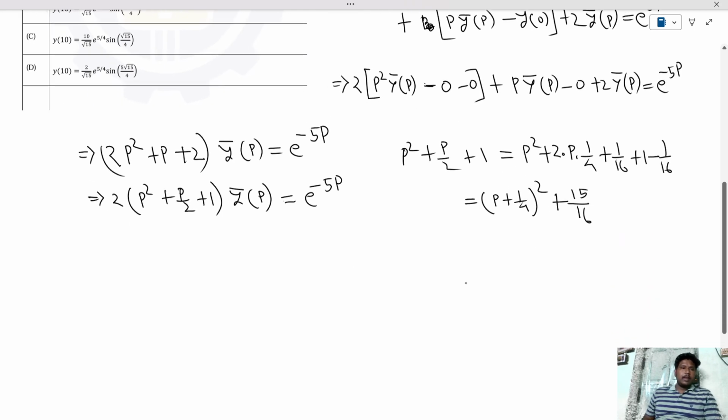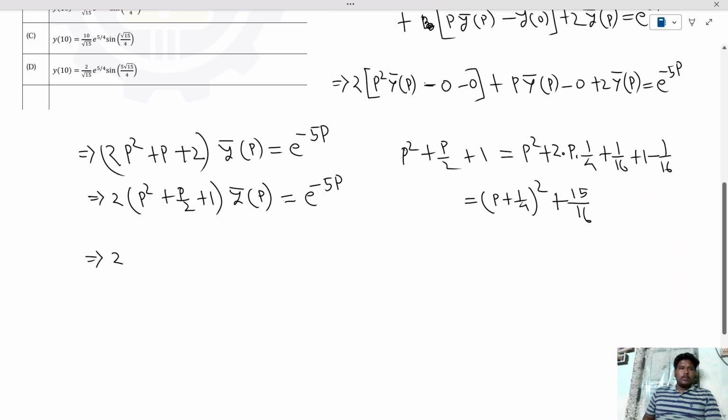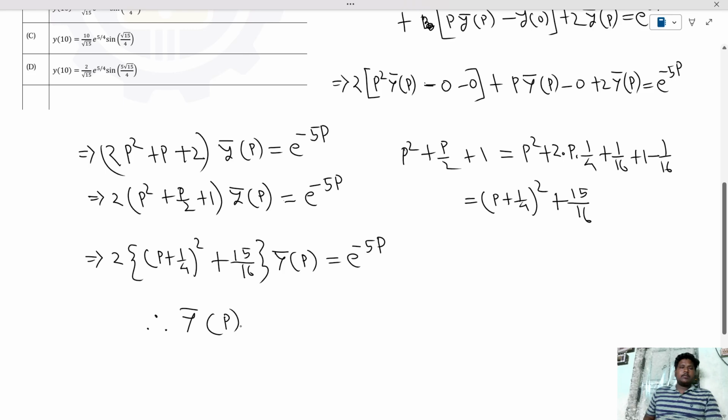So here we will directly write: this gives 2 into p plus 1 by 4 whole square plus 15 by 16 into y bar p equals e to the power minus 5p. So therefore y bar p can be written as e to the power minus 5p by 2 into p plus 1 by 4 whole square plus 15 by 16.